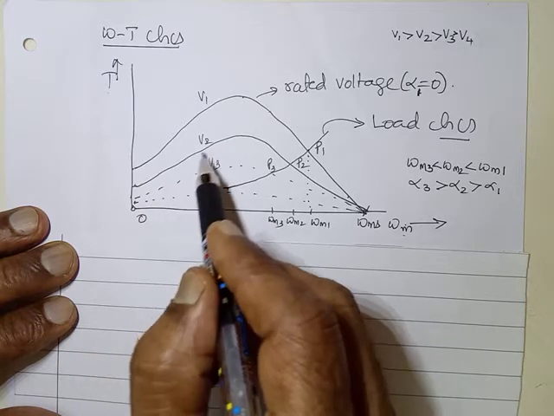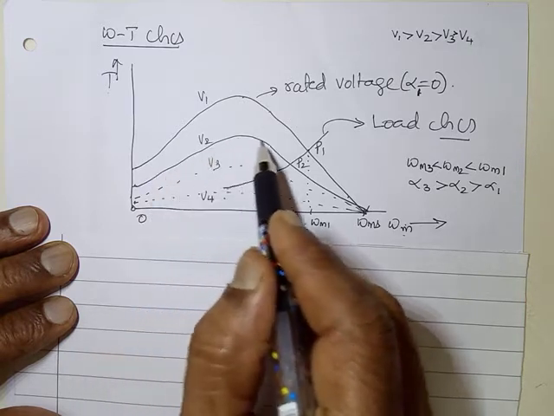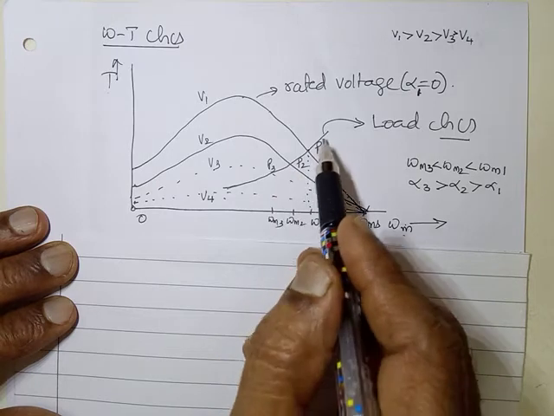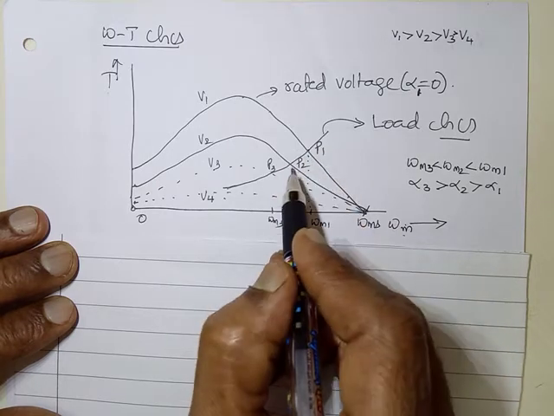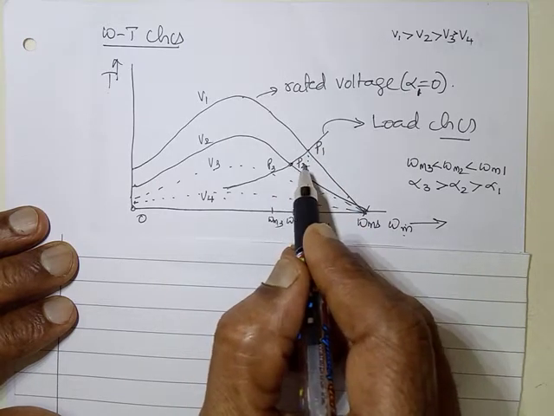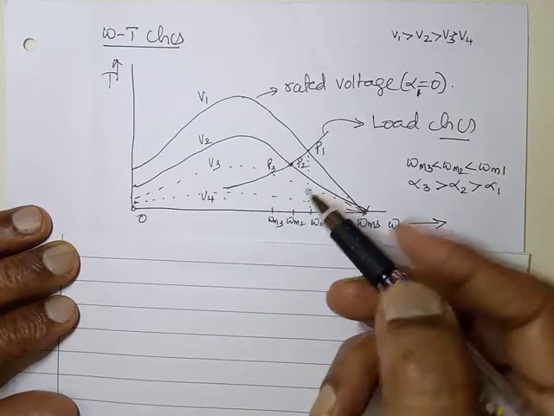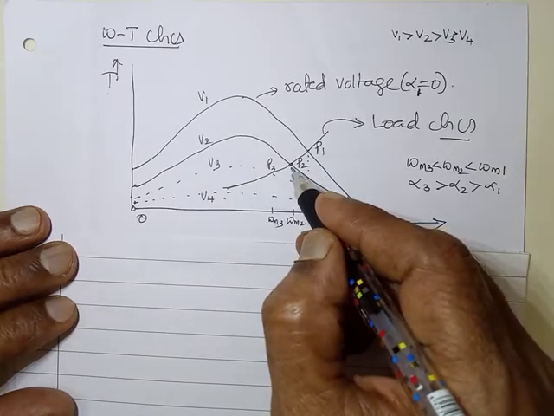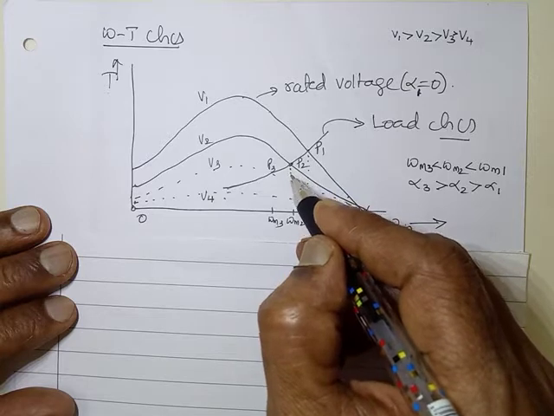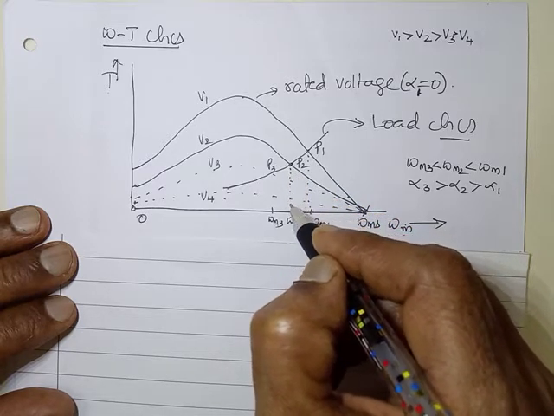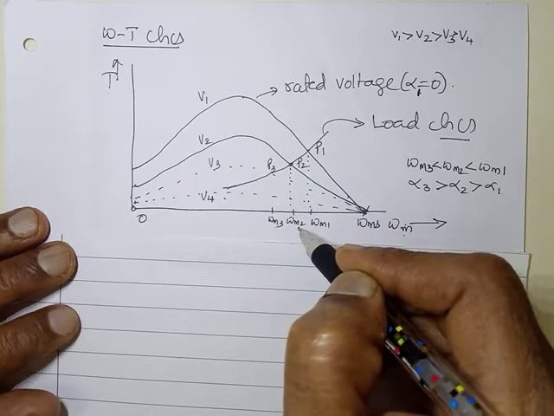When it has become V2, the motor characteristic will be like this, and the load characteristic will intersect the motor characteristic at point P2.